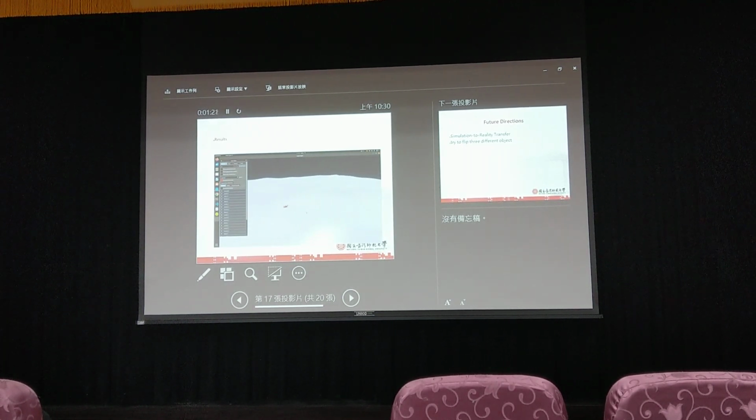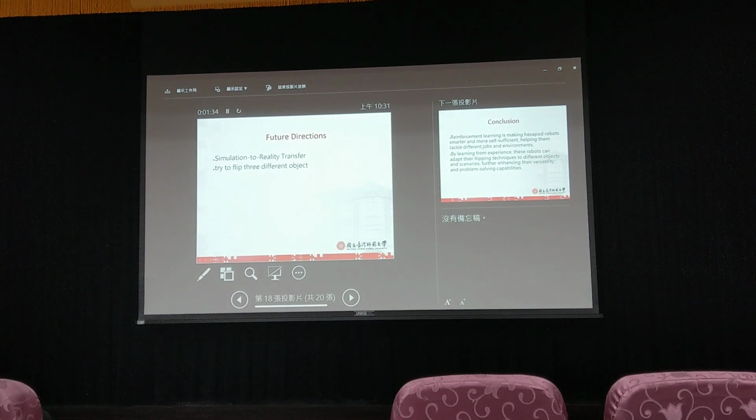It's more like walking, but it's still not so good for the sine wave. So for the future direction, I will try to do the simulation to real transfer, and I will also try to fit 3 different objects with the 2 feet.